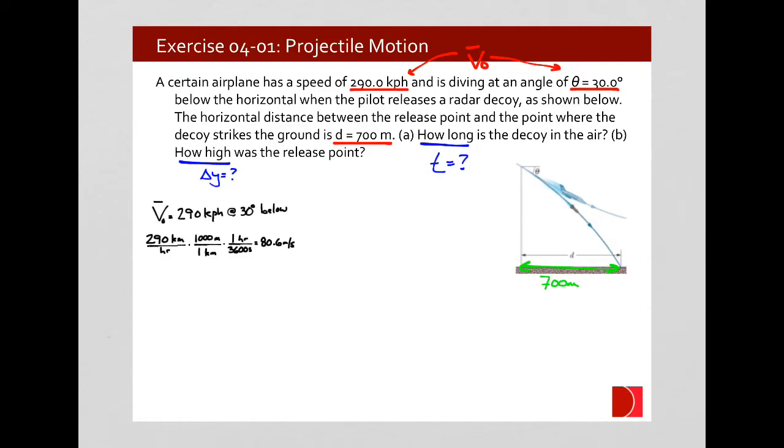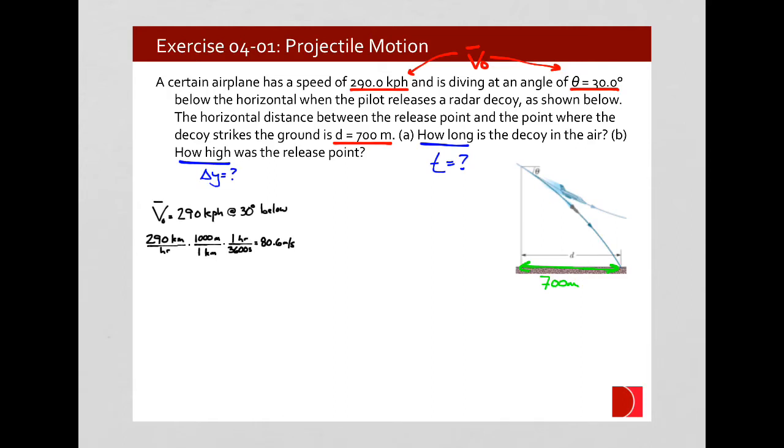If we want to consider that a clockwise rotation from directly to the right, which is our reference point, the positive x-axis, we can think of this as negative 30 downwards, or we can consider it as a positive 30 degrees, and we have to keep in mind the fact that the y component of our initial velocity will be negative because it's going downwards. Either way we want to do it will be fine.